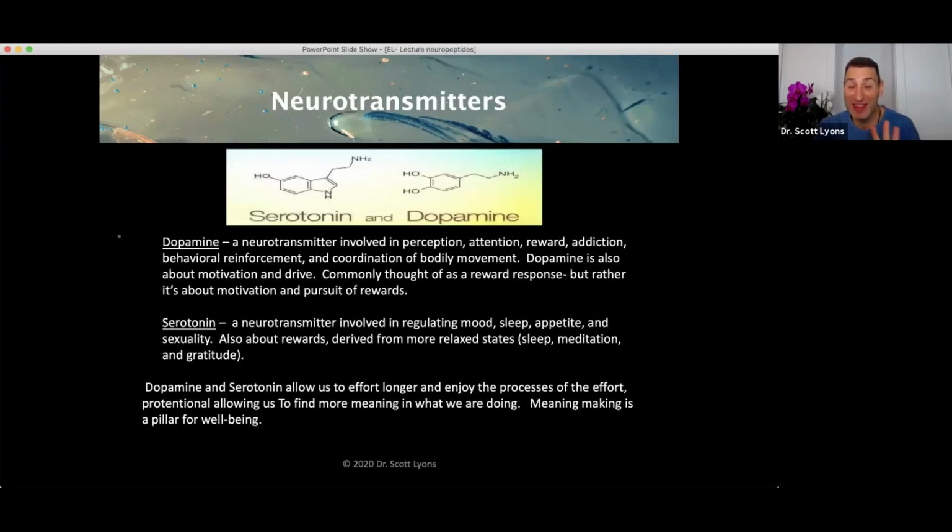All right. And that's the piece on the neurochemistry that we'll look at today. Okay, we have these efforting hormones, which are cortisol and adrenaline. It's like, let's do this. Let's make things happen. And then we have these neurotransmitters, dopamine and serotonin, that we're going to help stimulate to create more buffering, so we can effort longer, we can enjoy it, and derive meaning from it.